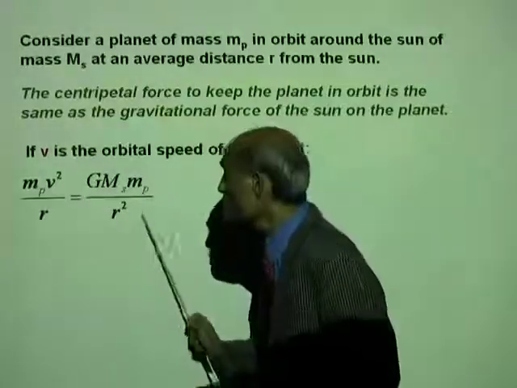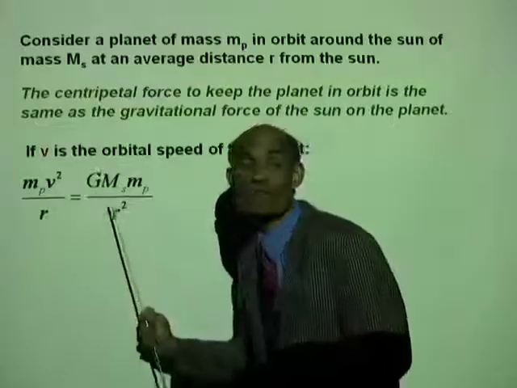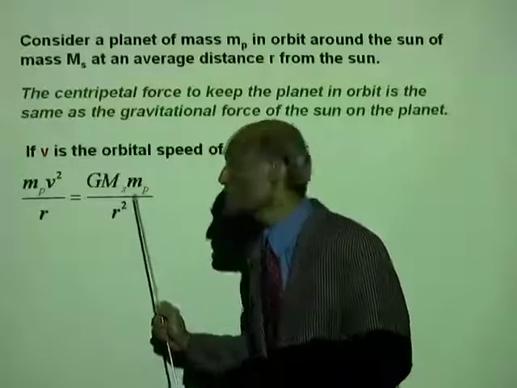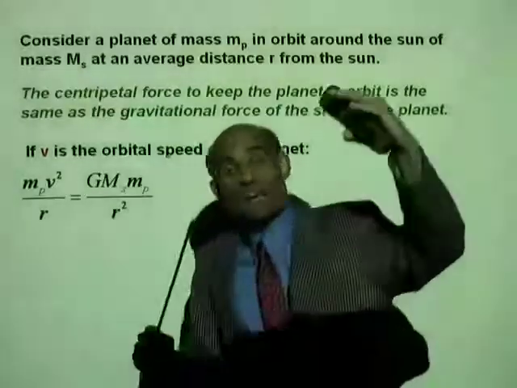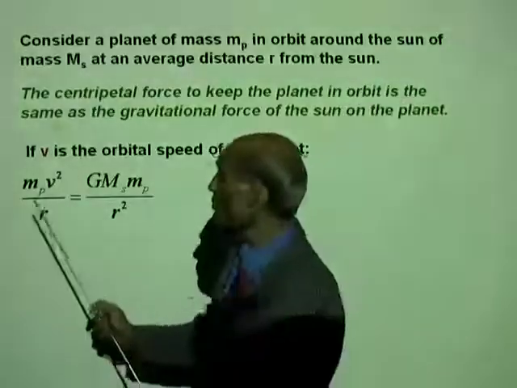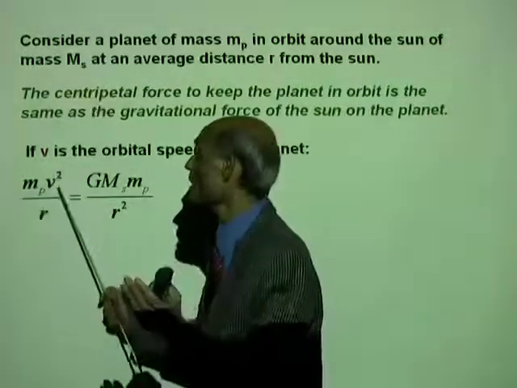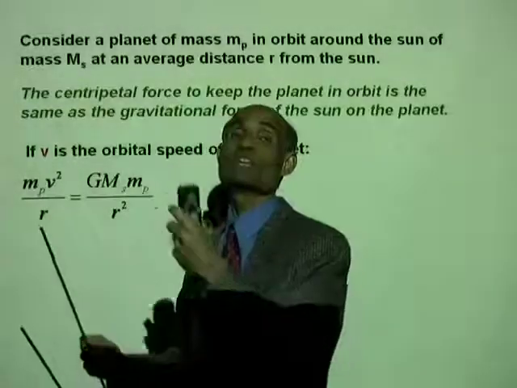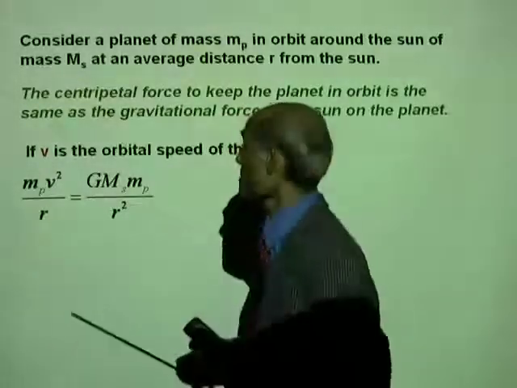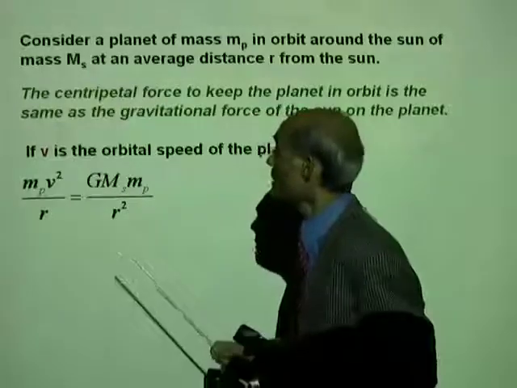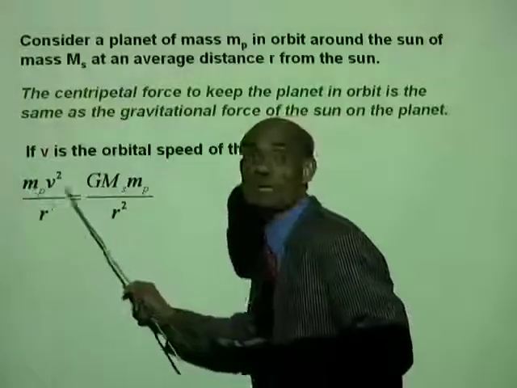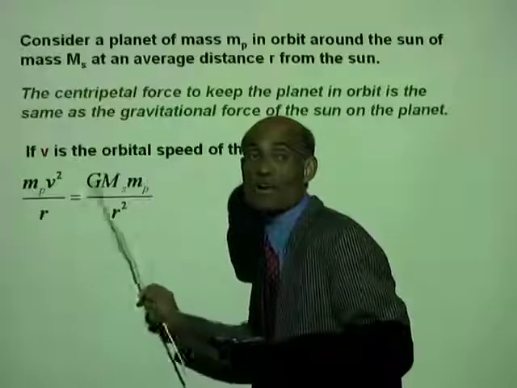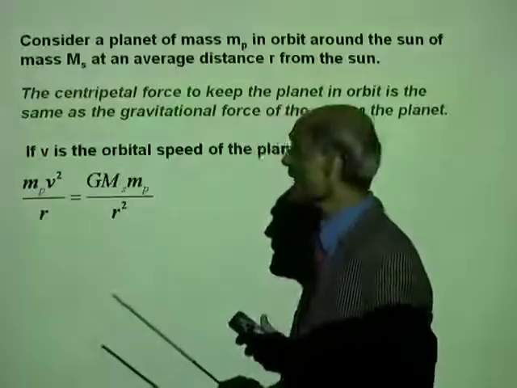This is the gravitational force between the planet and the sun. It is this gravitational force that provides the centripetal force m v squared over r for the planet to go in the elliptical orbit. All right, now you have m p, mass of the planet, on either side will cancel.